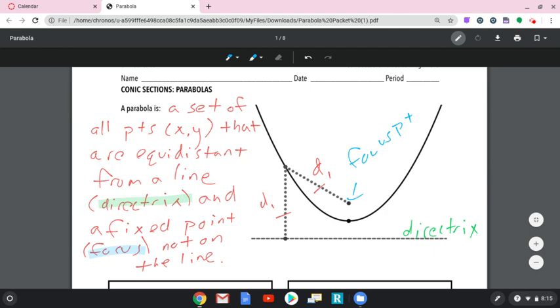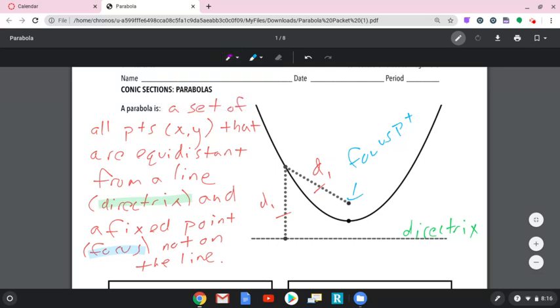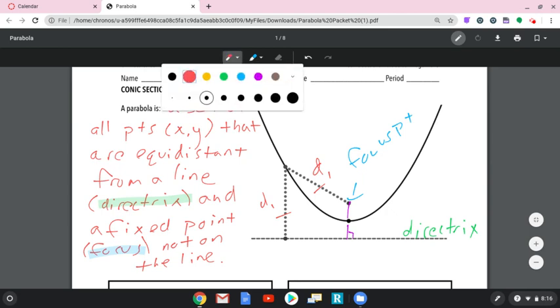Now, we're also going to start using a simple term, just to keep it simple. The term is called the magic distance. The magic distance is the distance between the focus and the vertex, and the vertex and the directrix. That would be perpendicular. That magic distance will always be the same.